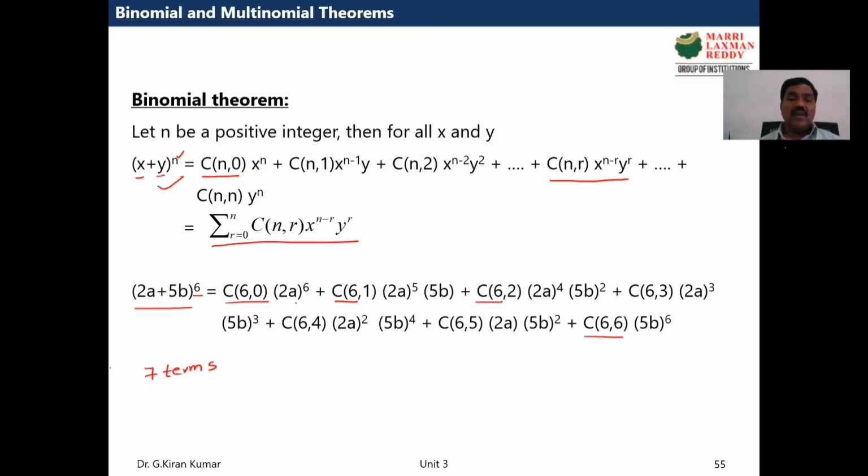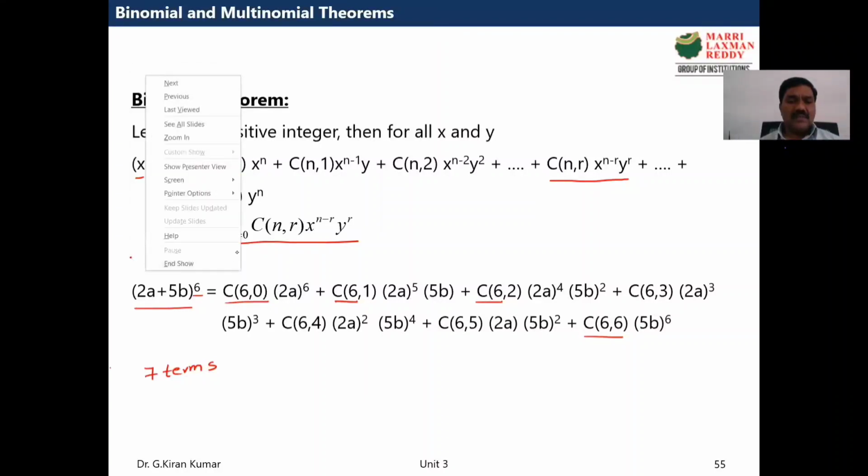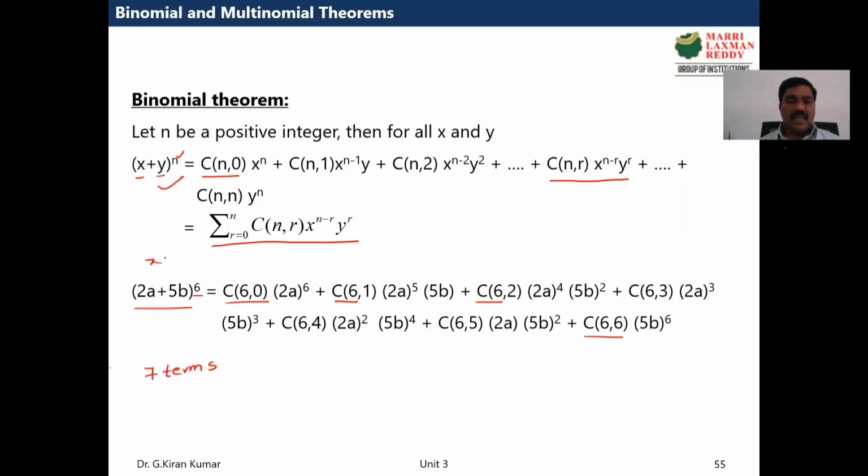In this formula you substitute x as 2a and y as 5b. Then you can get the expansion, right? This is how we can expand a binomial.